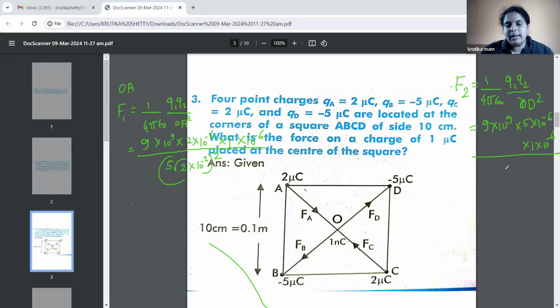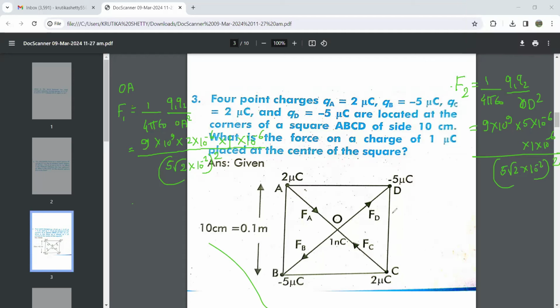This whole is divided by 5 root 2 into 10 raised to minus 2, its whole square. F3 and F4 are understood, because the magnitude is the same, just the sign changes, plus or minus.